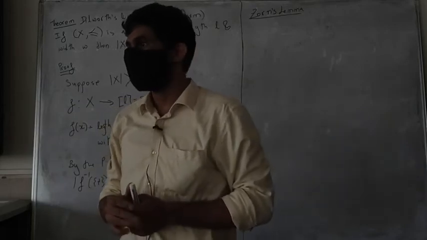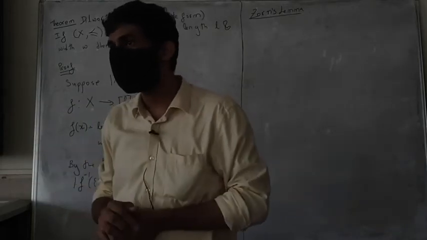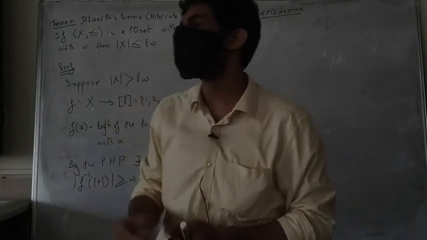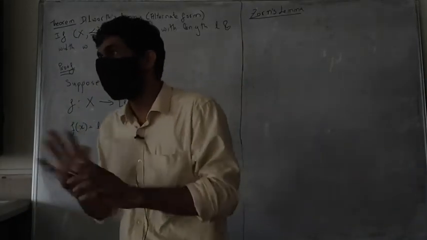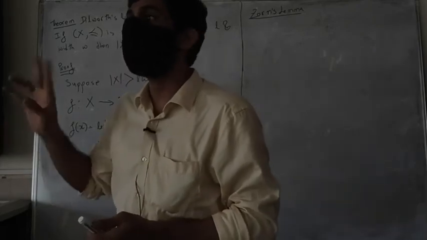So every chain is bounded above, then the partially ordered set has to have a maximal element. Not a maximum, a maximal element.